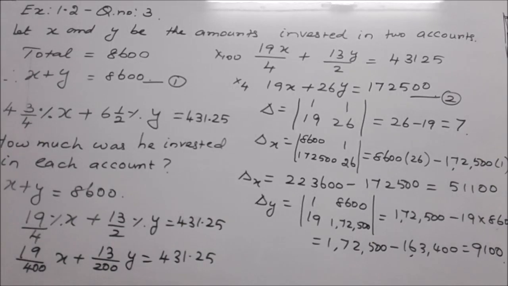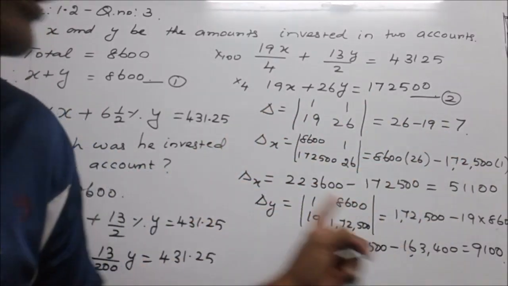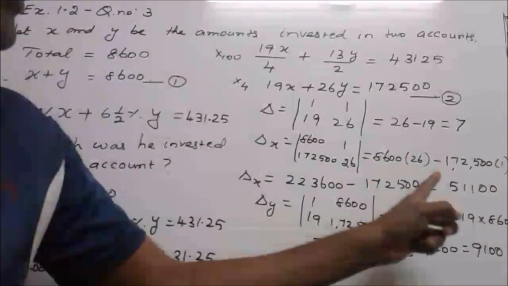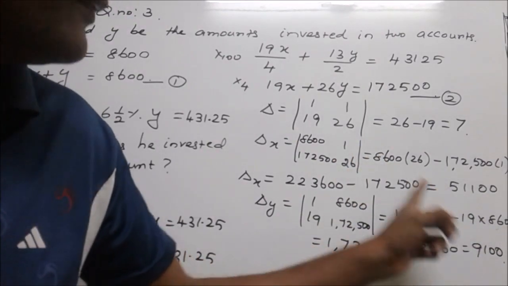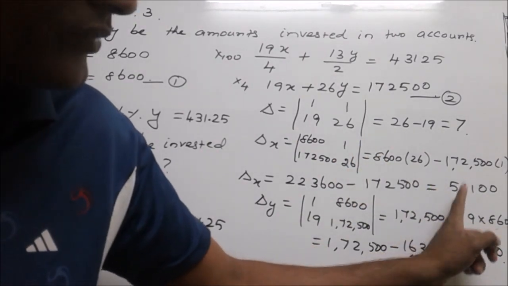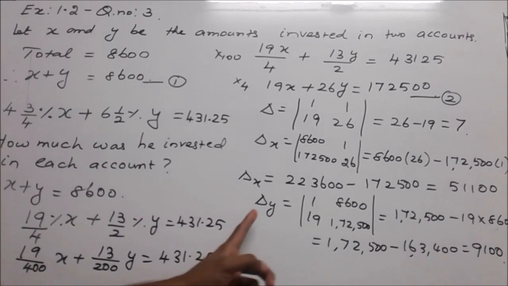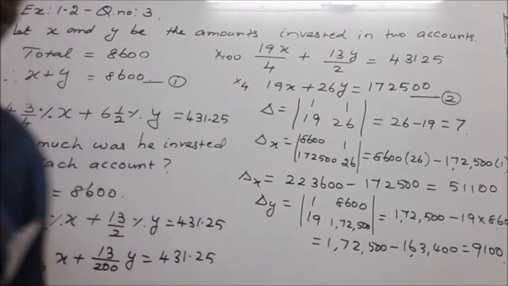The value of delta is 7, the value of delta x is 51,100, and the value of delta y is 9,100.